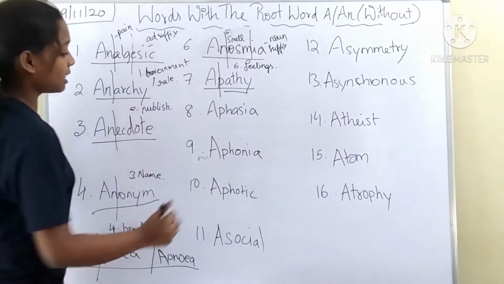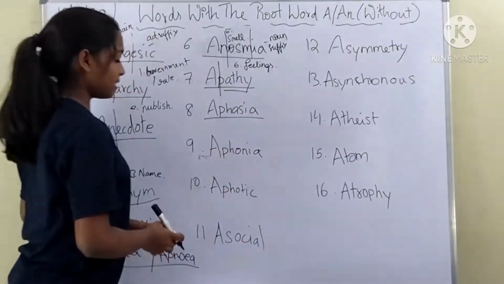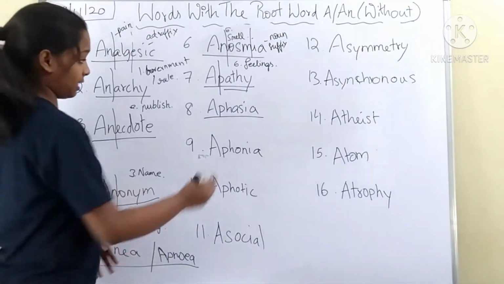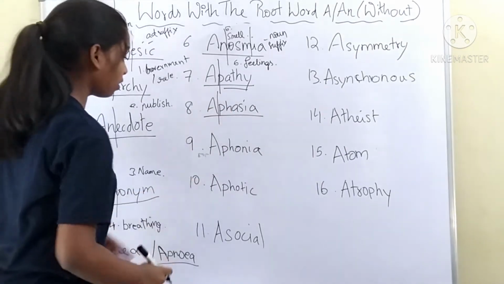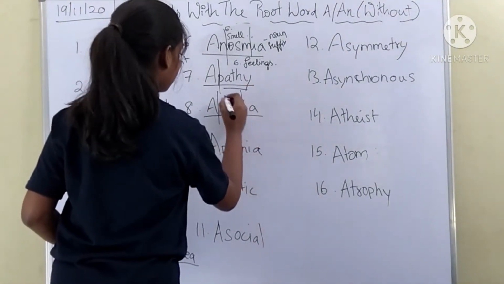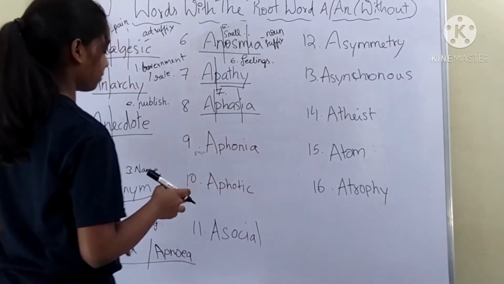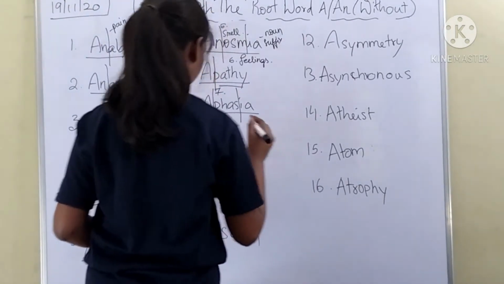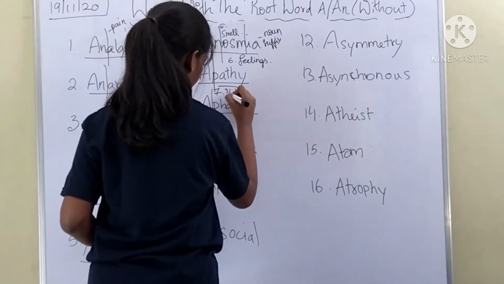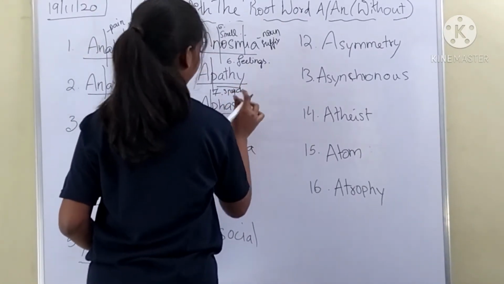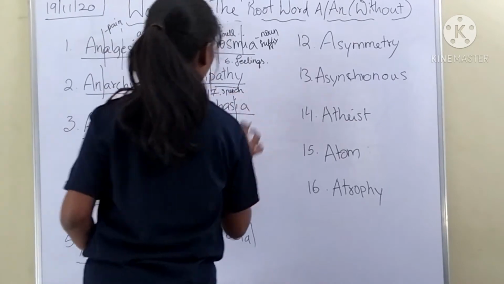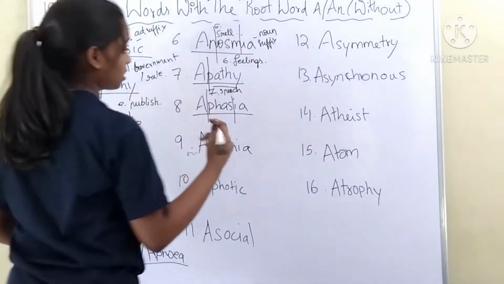The next word is aphasia. Aphasia has three root words in it. A means without, phas. Phas is the seventh new root word, which means speech, and ia is the noun suffix.